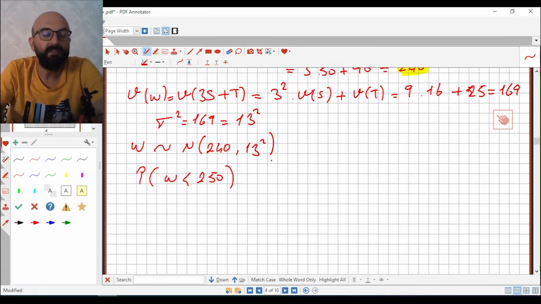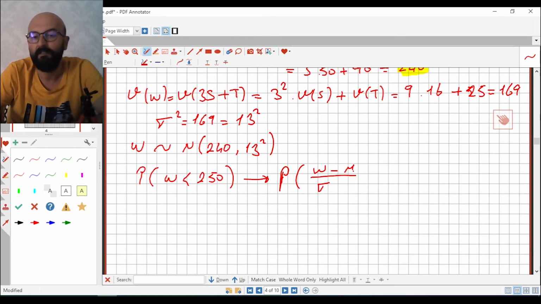Firstly, please remember that in the normal distribution we should convert to Z, and this formula is the probability of (W minus mu) over sigma, or standard deviation.